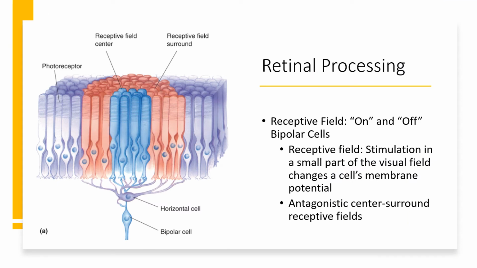So a couple of things about retinal processing. First thing is receptive field. What is a receptive field? We'll talk about this term a lot. A receptive field is just the area that responds to light in a given location.